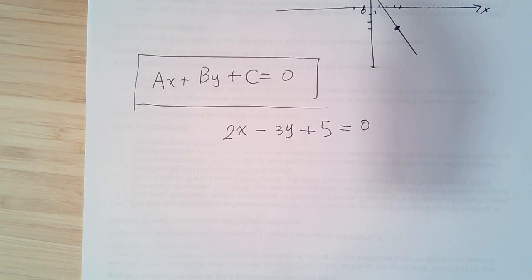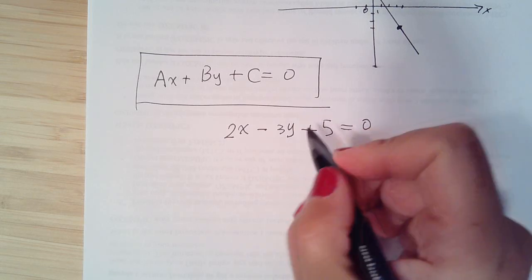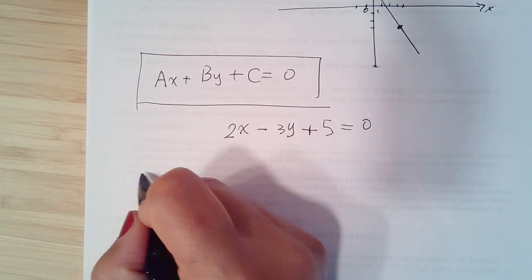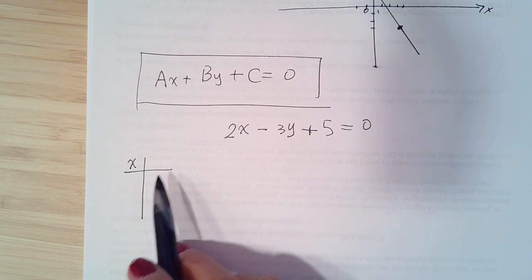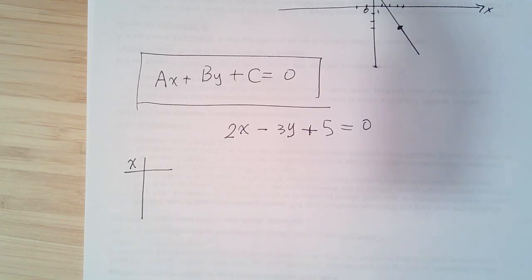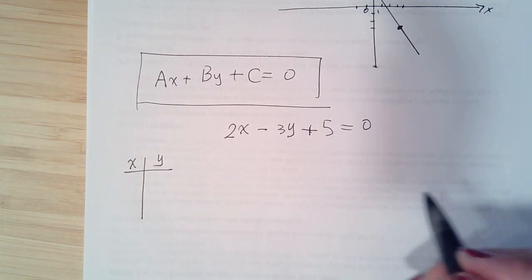If you want to graph a line, you need 2 points, or you need a point with a slope. So there are a couple of ways to do it. The first one is to pick an x value and then find the y value. That's the easy way to do it, and then you find the 2 points.